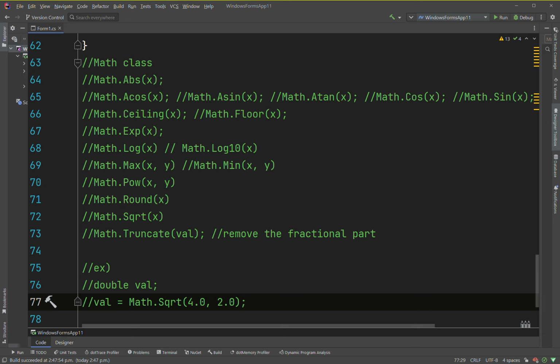So this method takes 2 double arguments. It raises the first argument to the power of the second argument. Whoops, sorry, this is wrong. Okay, I think there's a mistake here. There should be power.